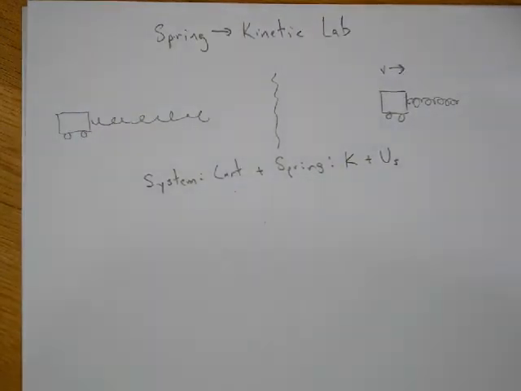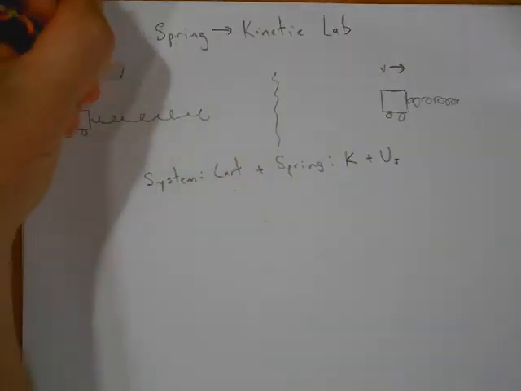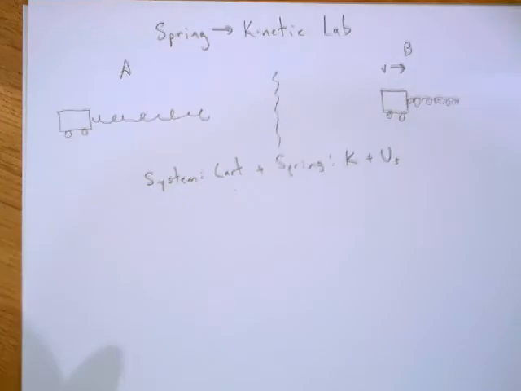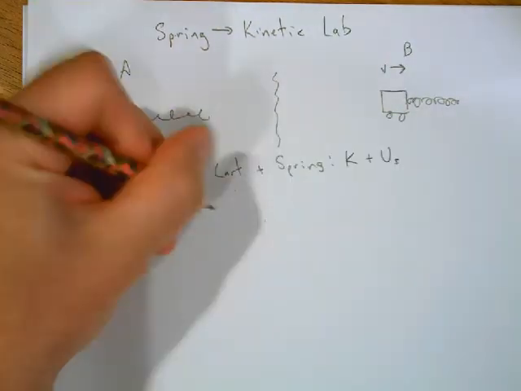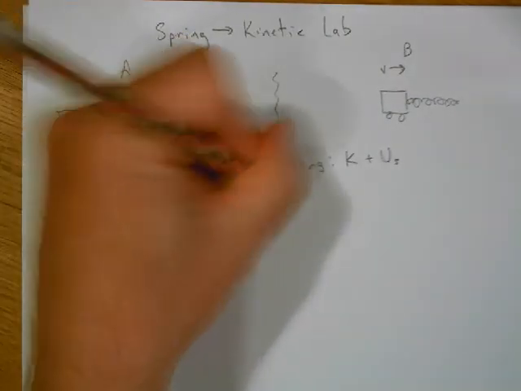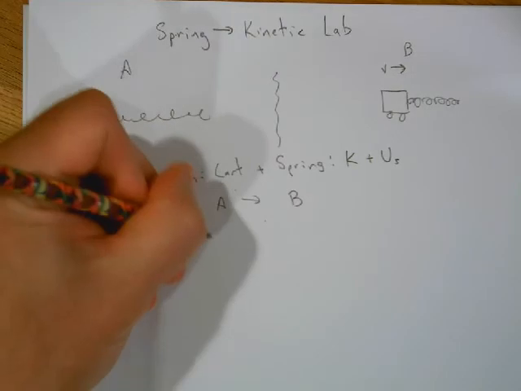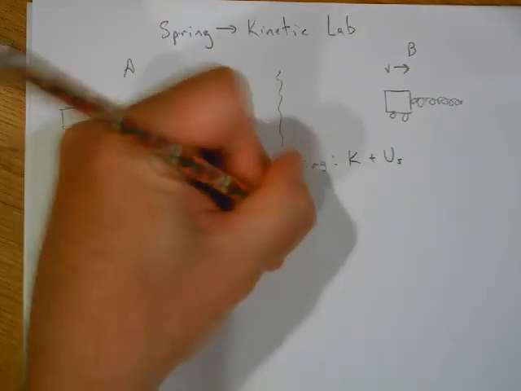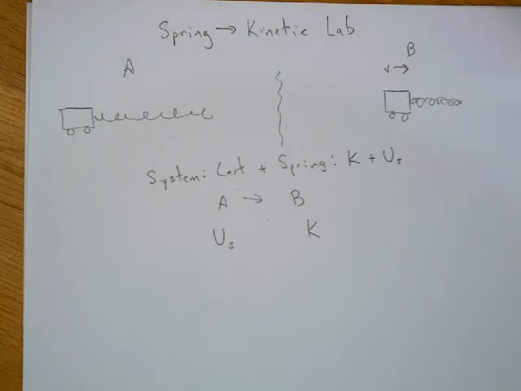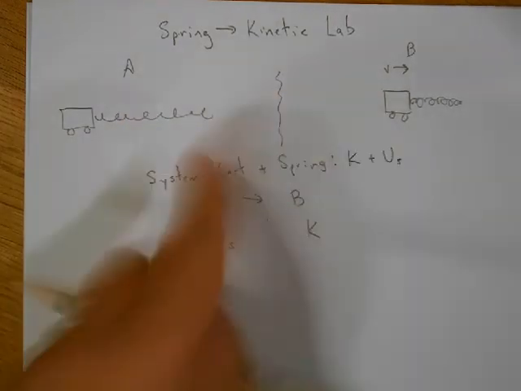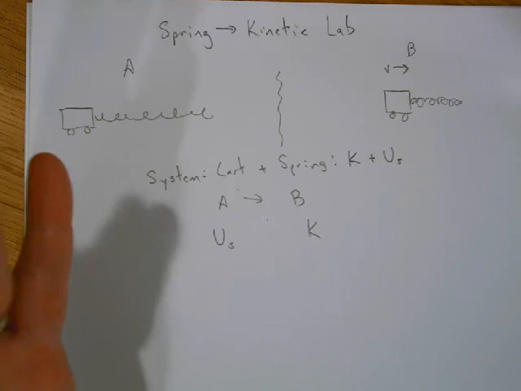So I'll call this point A and this point B. There's my picture, and going from A to B, you start with U_s and you end with K. Because we're supposed to assume it's frictionless, going from here to here there's no outside force doing work.